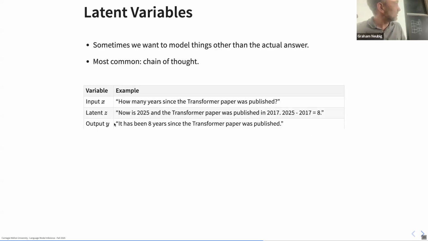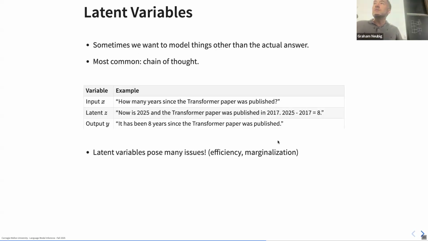And then the output would be it has been 8 years since the transformer paper was published. People have demonstrated that this is a really good way to improve the accuracy of models. And in particular, recently, people have been training models to do this.